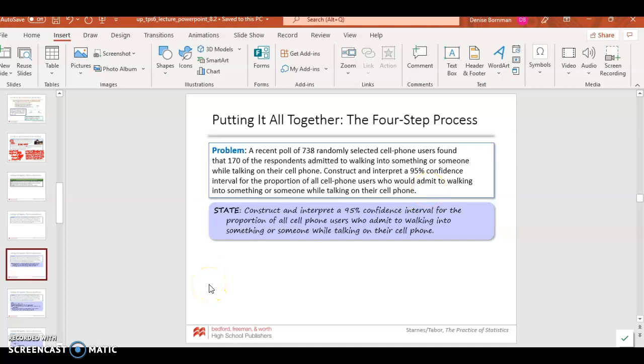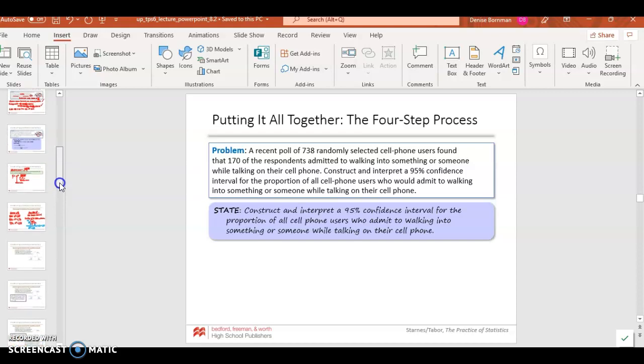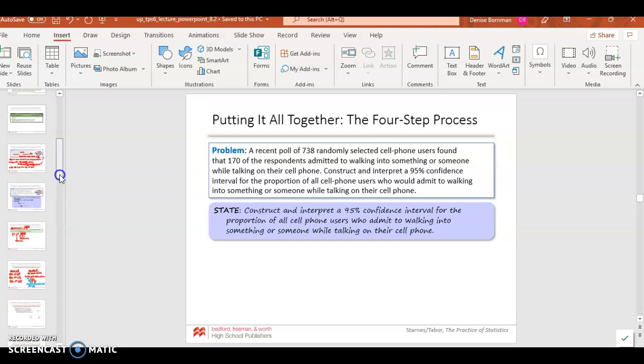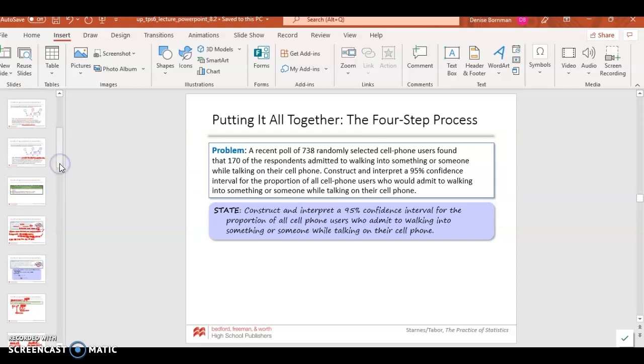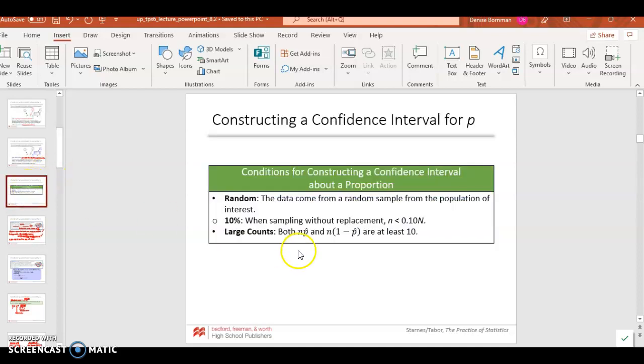Now the plan is state your inference procedure and check the conditions. So we're going to check conditions here for what's called a 1 sample Z interval. And the conditions, again, were up here. Let me go back. I kept this little sidebar so I could toggle. Here are the conditions. So we're going to check the random, 10%, and large counts conditions.